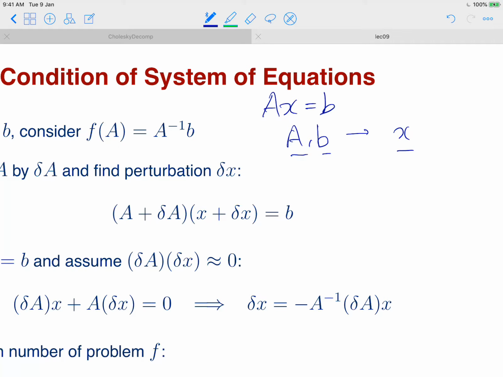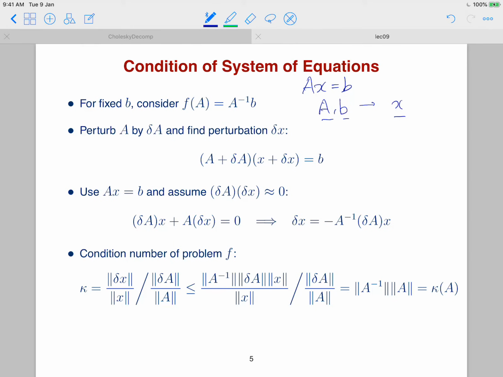And in general, if A is a square and non-singular matrix, and if we consider b as a constant between these two inputs A and b, then it can be viewed as a function of A, and still the output is x.